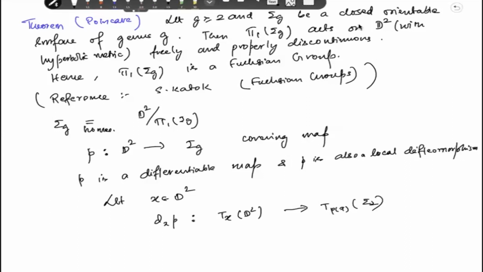Note that this surface is nothing but the disk mod pi 1 of sigma g. This is the differential of P at x.